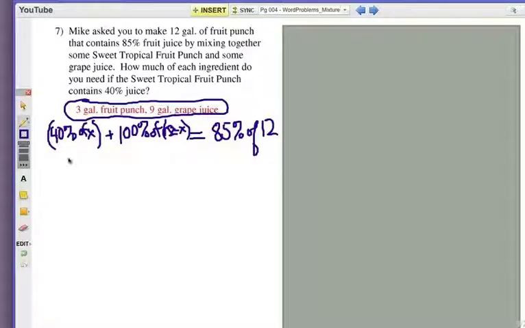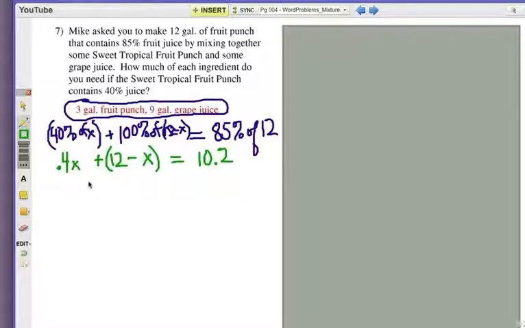Now let's go ahead and write it out in algebra. Change your percents to decimals. First of all, 40% of X is 0.40 times X. And then 100% of 12 is 12. 100% of minus X is minus X. I did a distributive property there in that group. And then I took 0.85 times 12, which is 10.2 gallons.